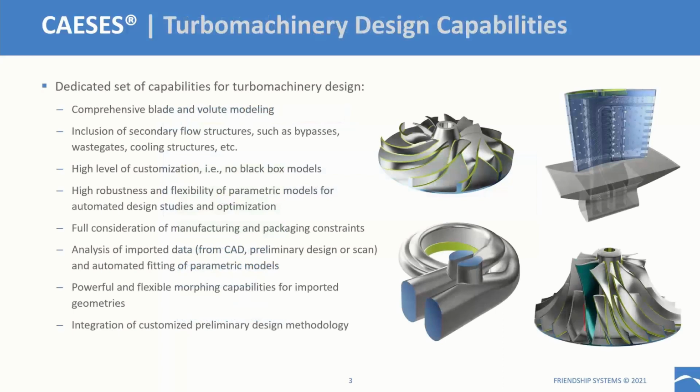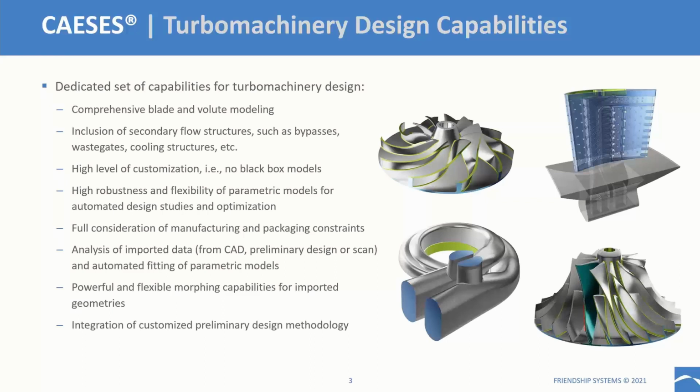And if we look specifically at turbomachinery design, because here within the project Gamma we're mainly talking about turbomachinery development, there we have a dedicated set of capabilities within Cases specifically for turbomachinery design. There is comprehensive blade and volute modeling.